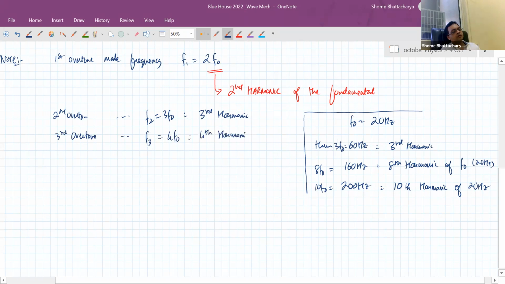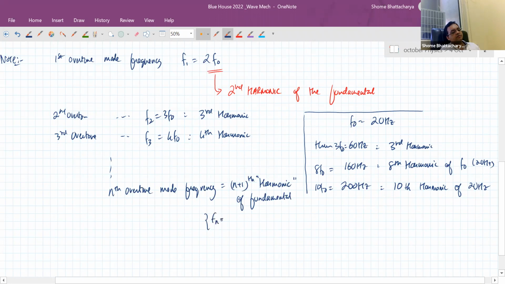So the general formula is that the nth overtone mode frequency is equal to the n plus 1th harmonic of the fundamental. Harmonic is just another word for multiple. So this statement we will write as a formula by saying it is n plus 1 times F0. That is the case when the string has a rigid boundary at both ends, or is fixed at both ends.